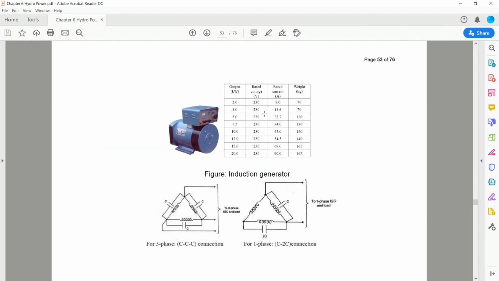So this is an example of the output of the induction generator. This is the output from 2 to 20 kilowatt with different rated current, but the output is single phase and a different weight. So they have two common connections, the CCC connection for three phase, and this is for the single phase, the C22C connection.